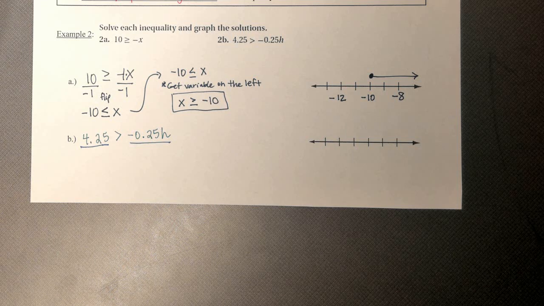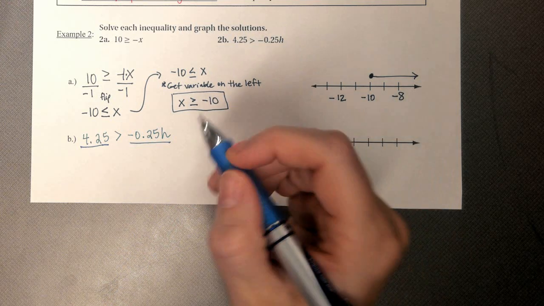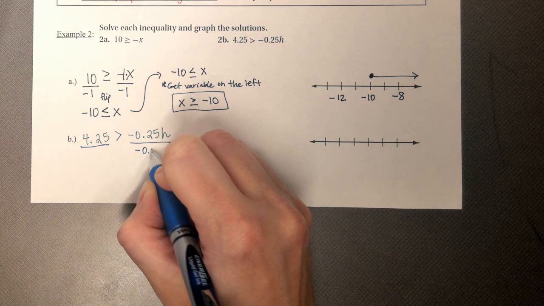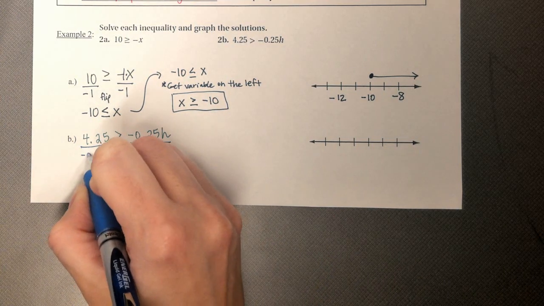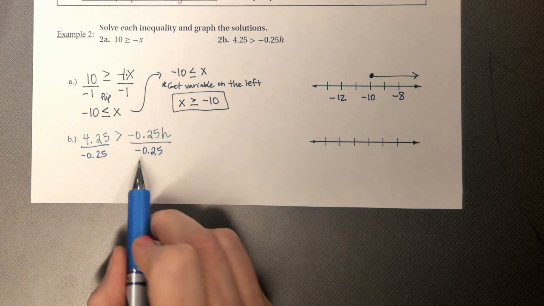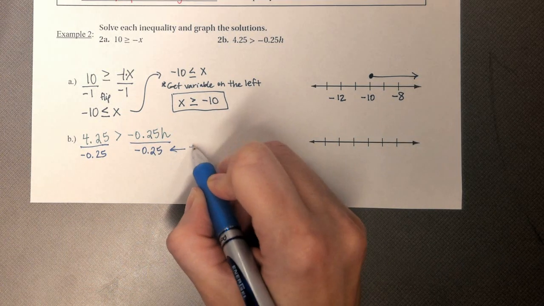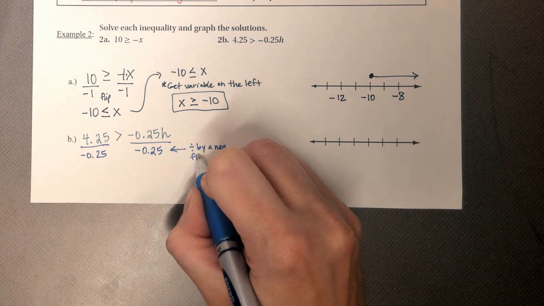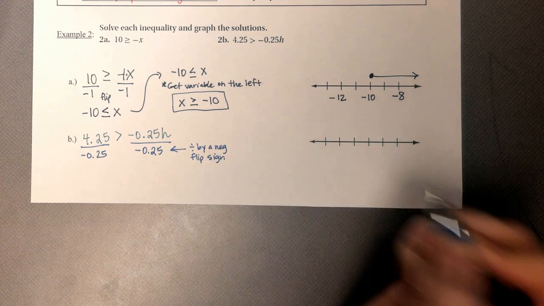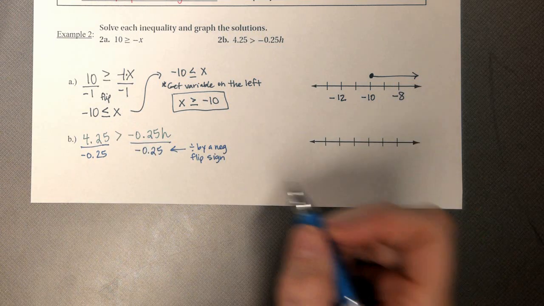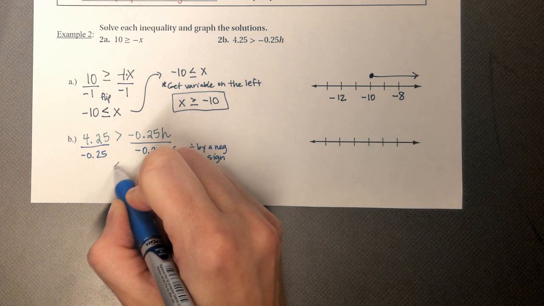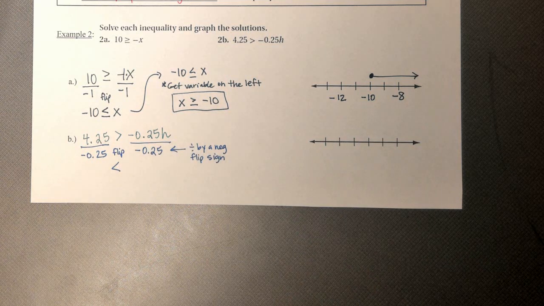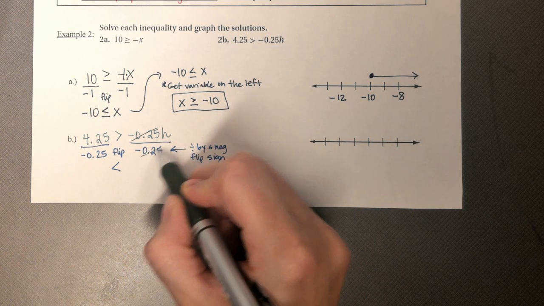Okay, and then Erica, what did you just divide each side by? Yep. Okay, so when you divide by a negative, you're going to flip the sign. Okay, and that's exactly what we did here. So I'm going to flip this. These will cancel out.